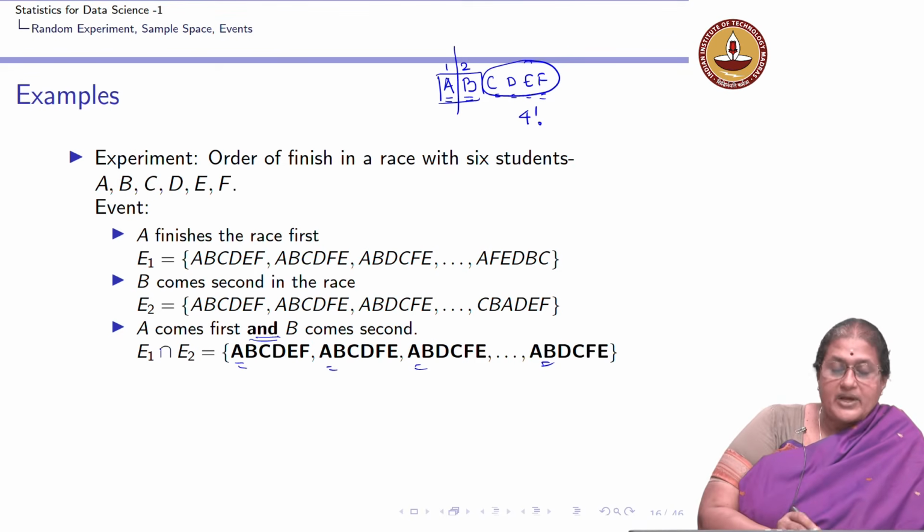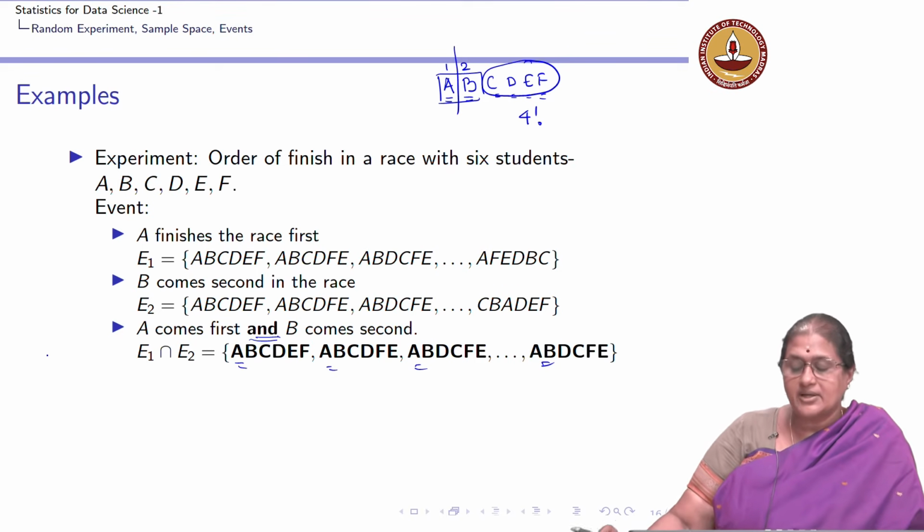So, this is an event where A comes first and B comes second.